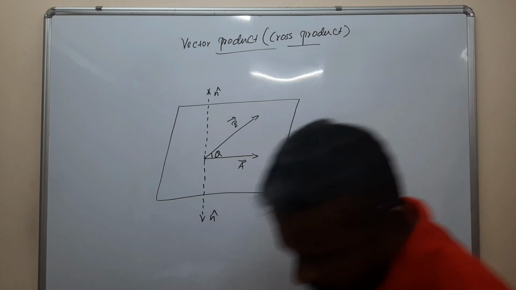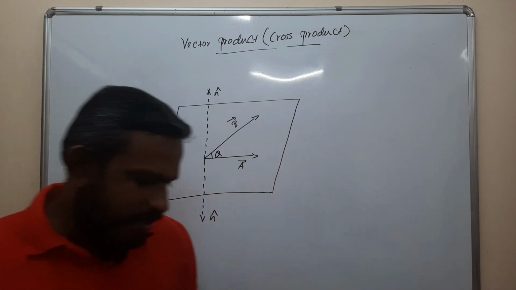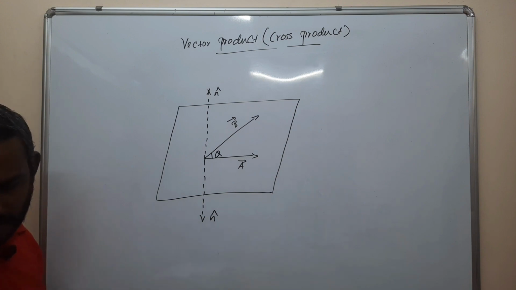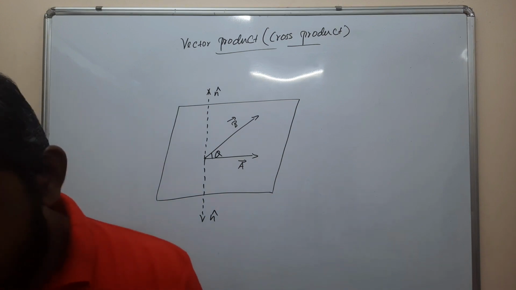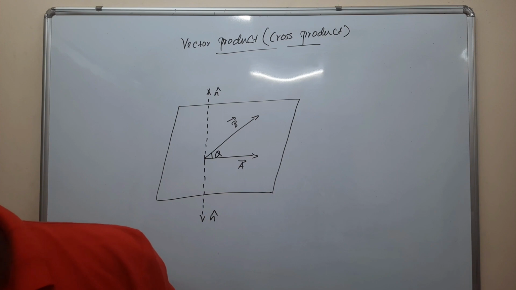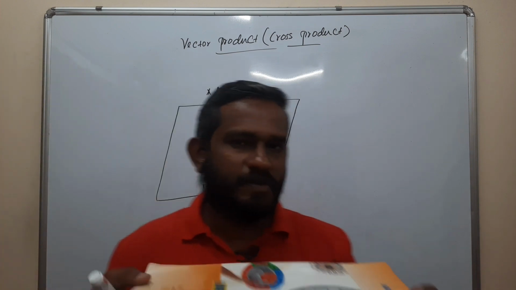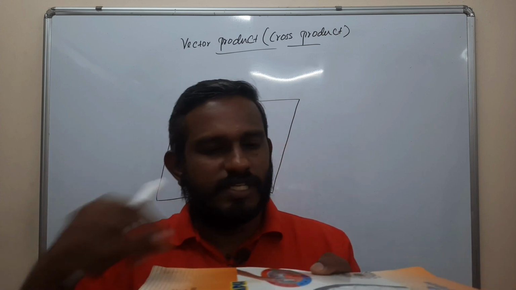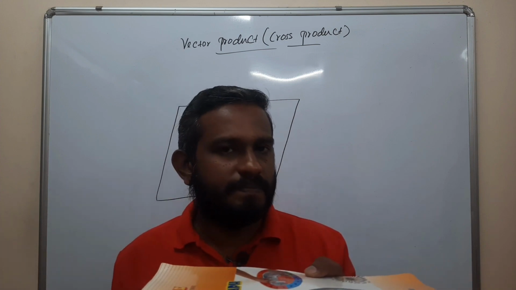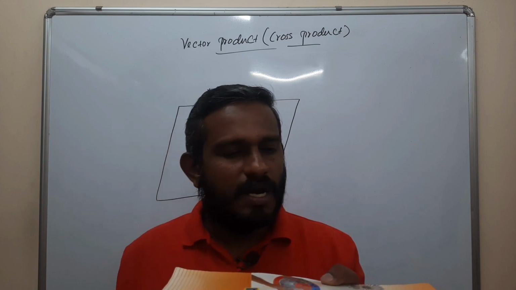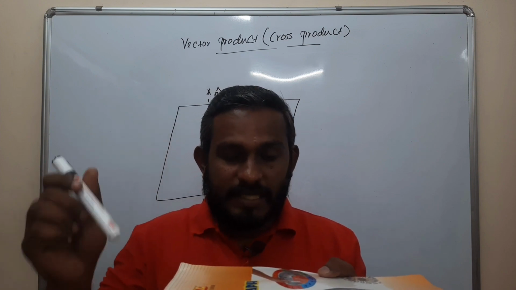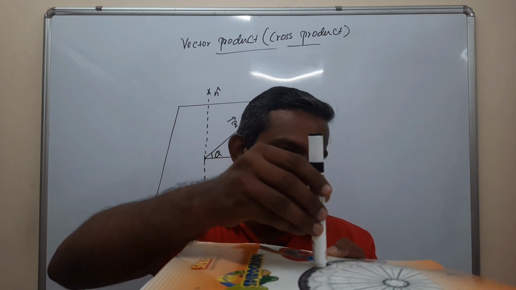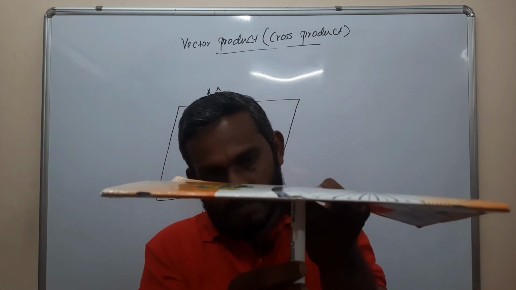It may be perpendicular in the upward direction or the downward direction. Imagine this is a plane containing two vectors. Our resultant, the unit vector, is either like this or like this.